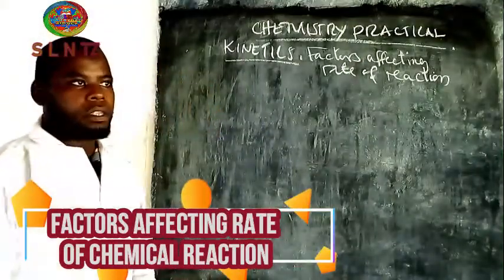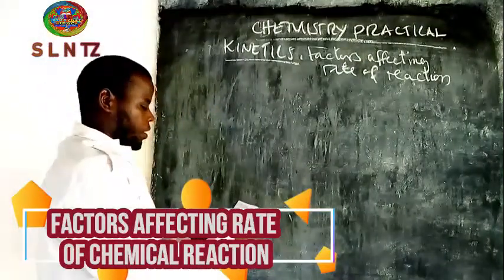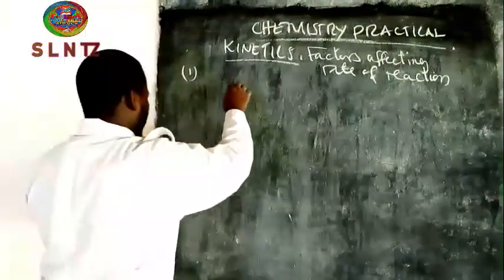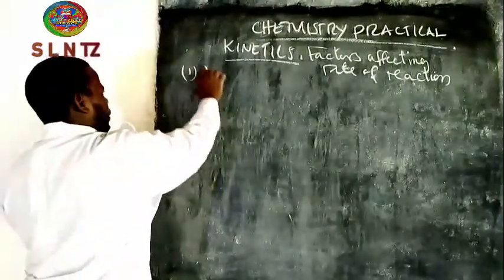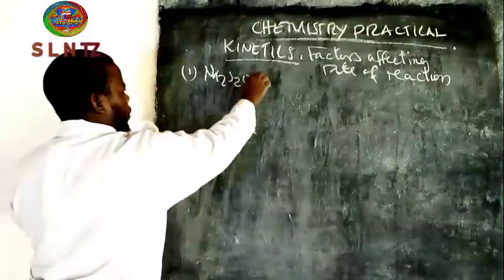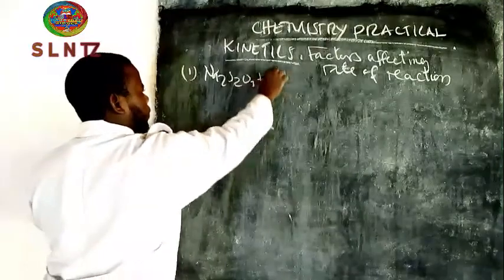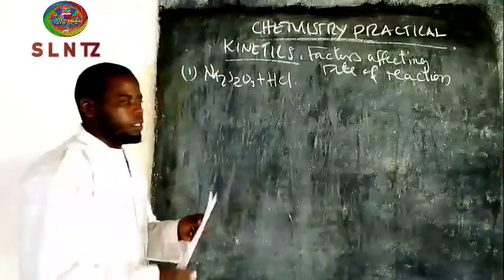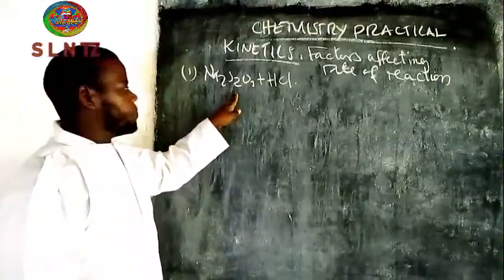So the area of concentration, the practical, we have this one. The first thing we have is sodium thiosulfate reacting with hydrochloric acid. This is the factor of concentration.